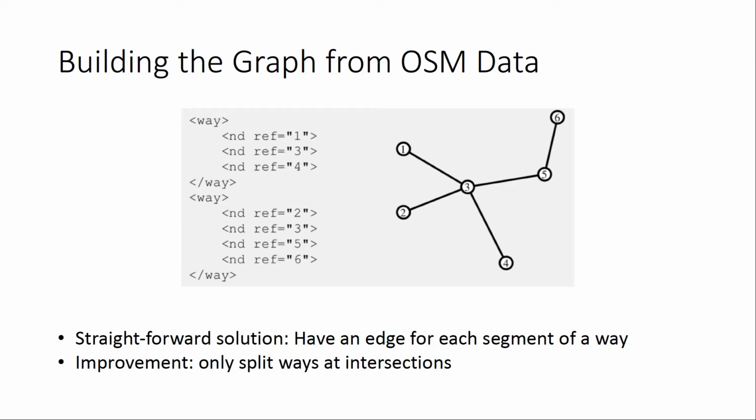Yeah, and you could think about only splitting ways at intersections. That means merging these 2 edges into one. That would help your Dijkstra quite a lot in performance, because there are fewer edges and nodes in the graph. But I would suggest do it as naively as possible. Look at this OSM data and just say, I know all of these nodes, and now I build all of these edges in this straightforward fashion.